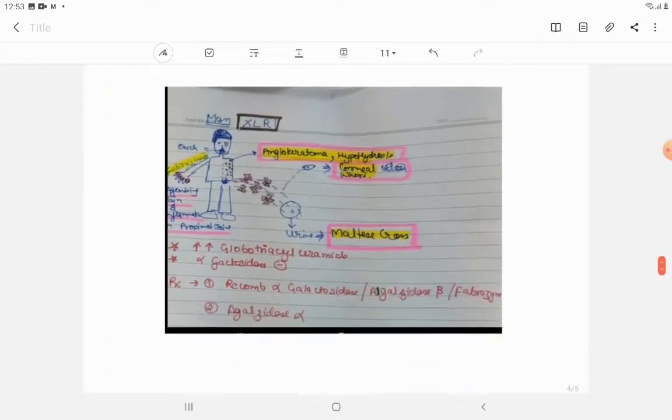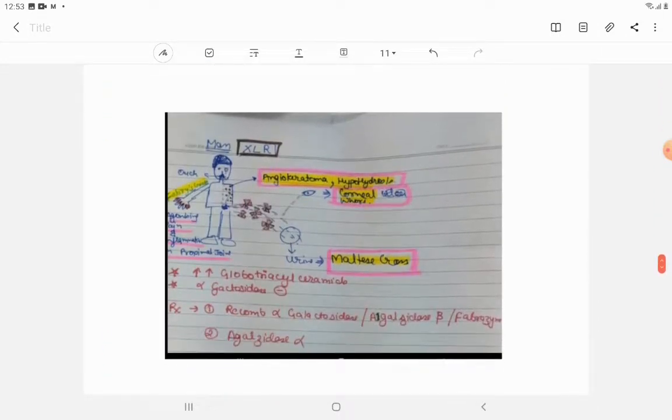Now let's move to Fabry disease. Fabry disease happens in men, as it is an X-linked recessive disorder. In this picture a man is standing, urinating, micturating. In his urine we'll find Maltese crosses.